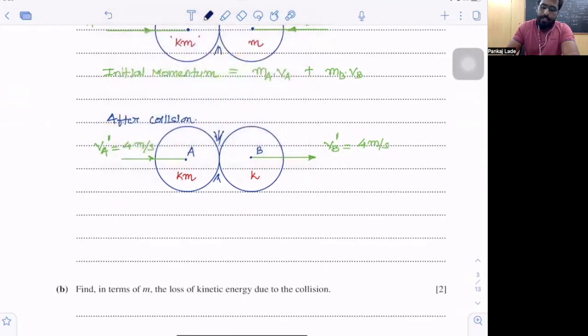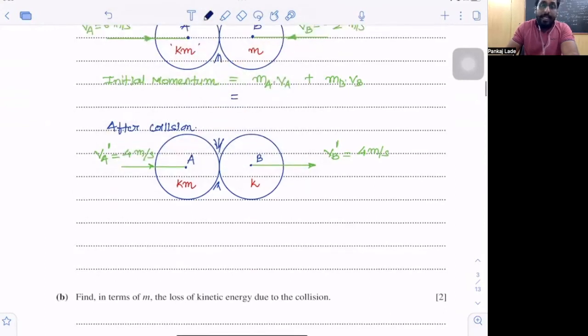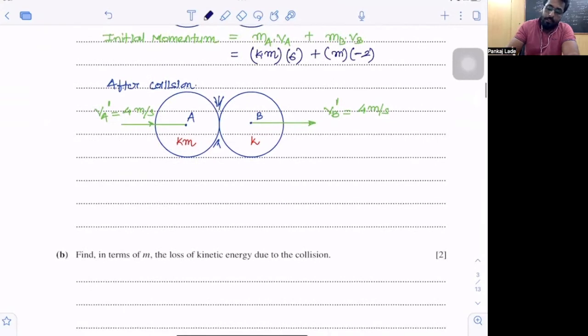The mass of A is K times M. So I write Km into the velocity of A, it was 6, plus mass of B, which is M, and velocity is -2. Have you noted this? Velocity of B is taken as -2. So I can simply say this is 6Km minus 2m. I can take out the m common and simply write it as 6k minus 2. I'm going to call this equation 1.